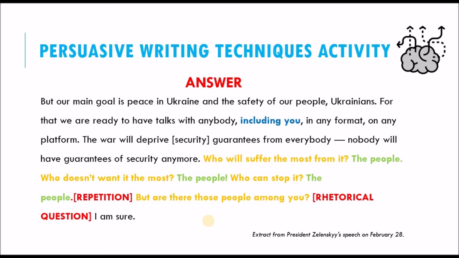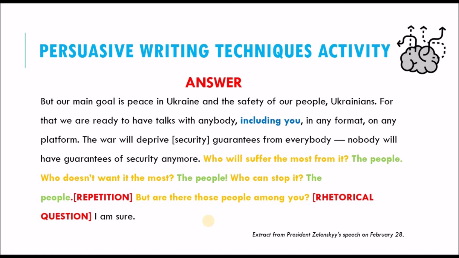So when the president says, "For that, we are ready to have talks with anyone," and notice, "including you," based on the person he's addressing, it's like, I will have talks with you. I am ready to talk to you. Once again, it's not strong, but there's a hint of it.